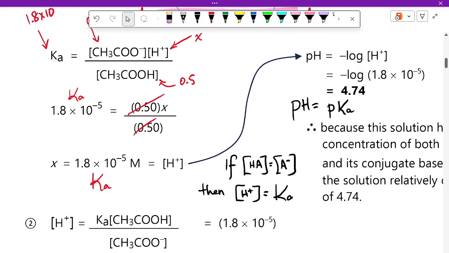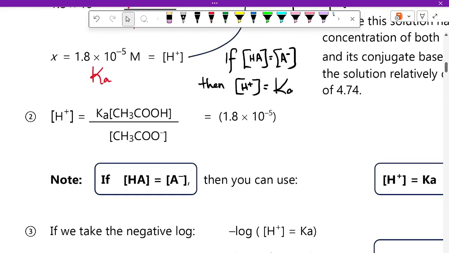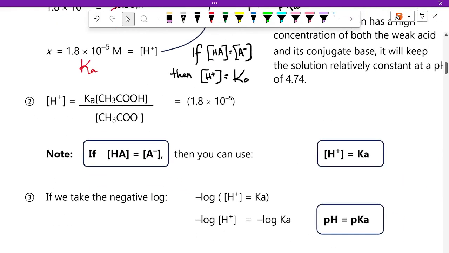Okay. Oh, look, I wrote it down, but it's already here. If HA equals A minus, you can use H plus as Ka, and pH is equal to pKa.